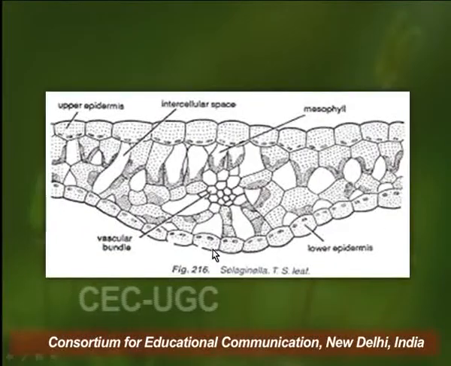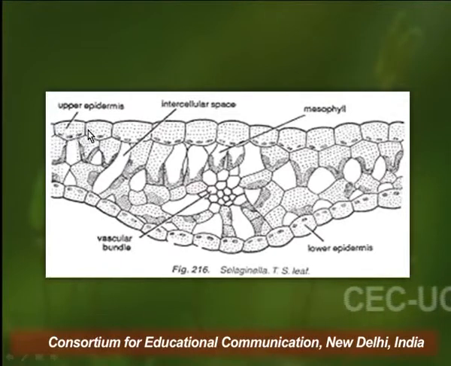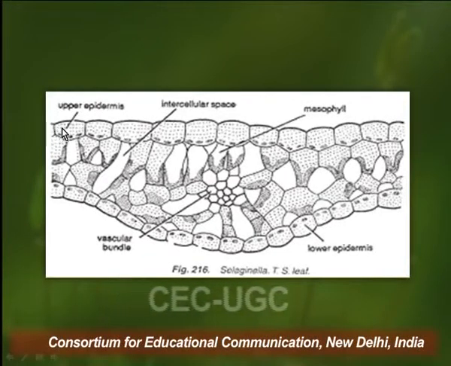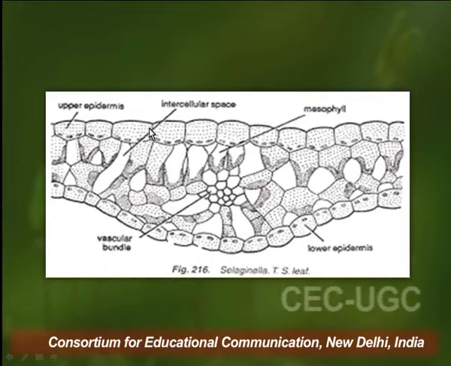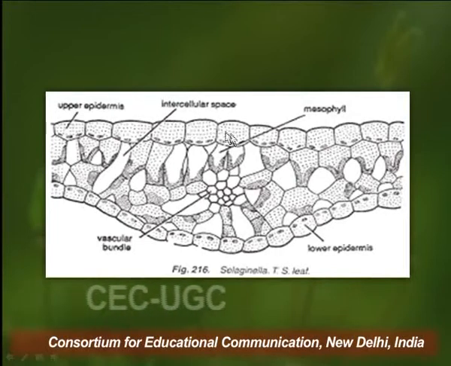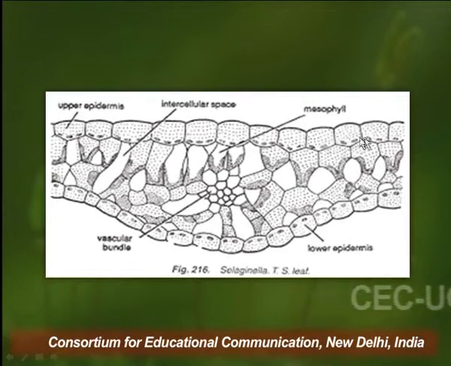This can be understood with the help of the diagram. Here in this diagram, we can see that each leaf in its cross section or transverse section has an upper epidermis. The epidermal cells are more or less barrel shaped in nature, and they are lying horizontally with each other.